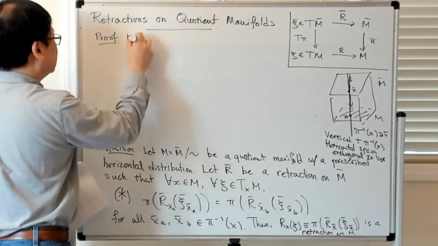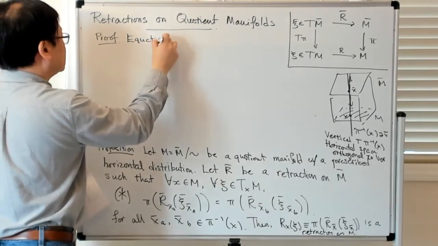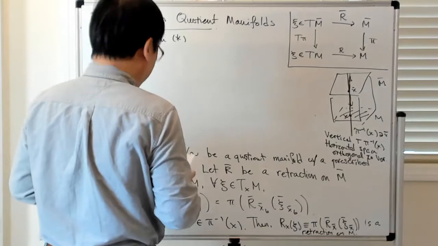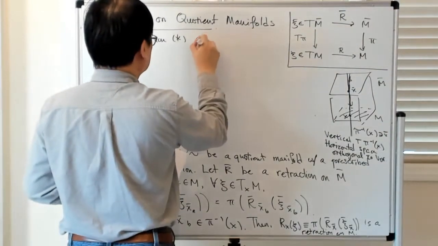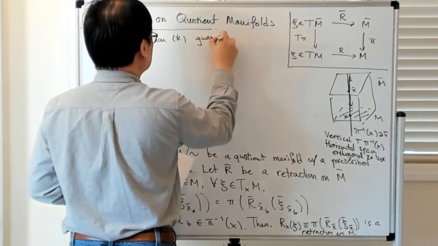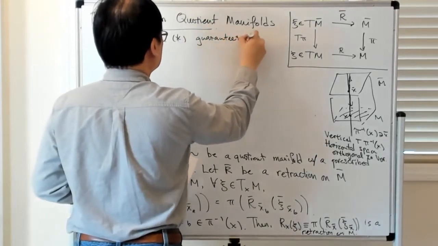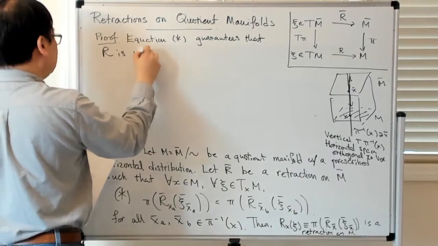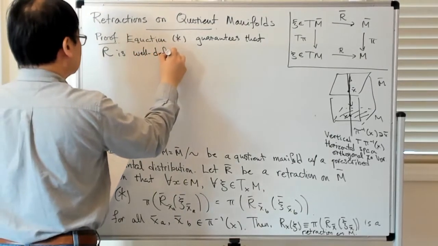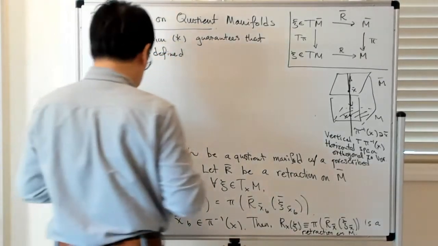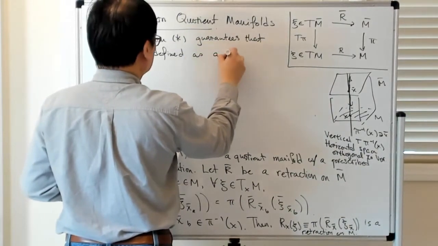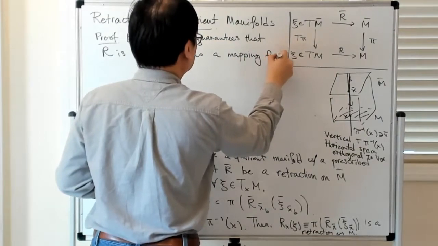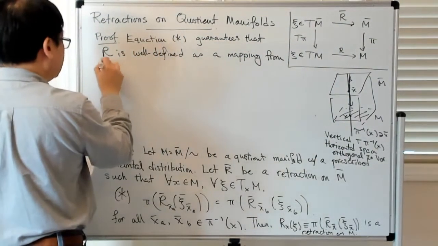So equation star is just saying that this R is well-defined, so it guarantees R as a mapping from Tm to M.